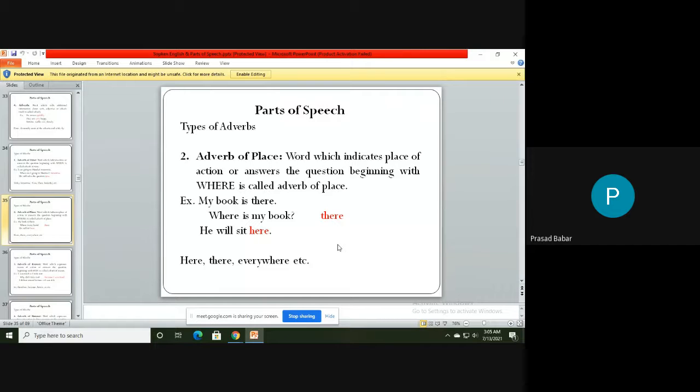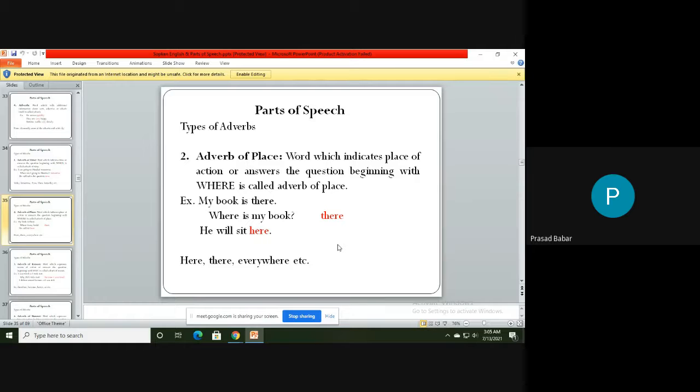So my book is there. If we ask where is my book, it will answer there, and here we come to know that there is the adverb of place.